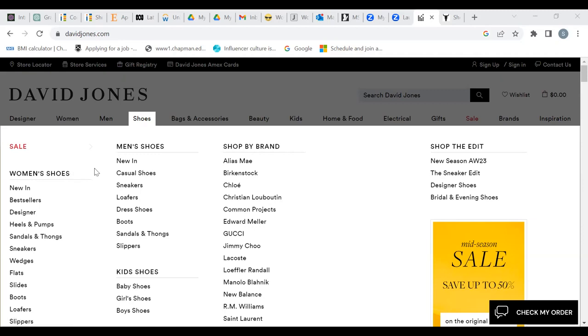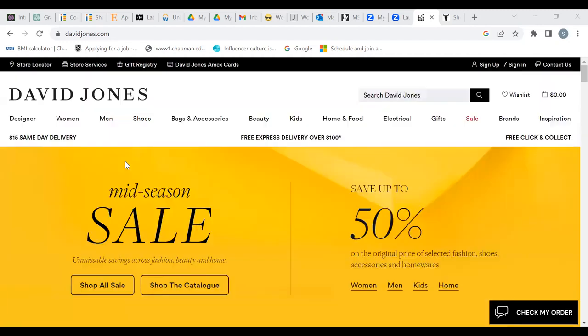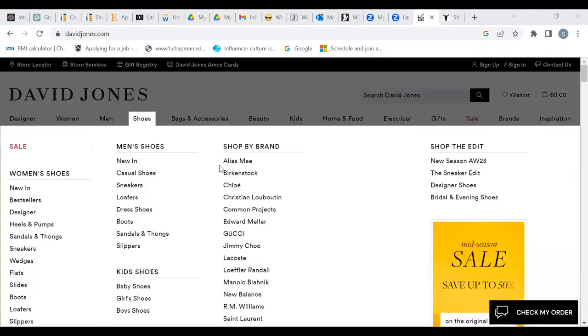Now, some people are brand conscious, or some people know exactly the brand that they are after. So for them, it is also shop by brand. Now, again, how does this come? This is also based on observations of what your prior consumers have been buying. So if I bought Lacoste from David Jones last time, they would also look into my history beyond the last purchase, at what brands of shoes I bought on more previous occasions.